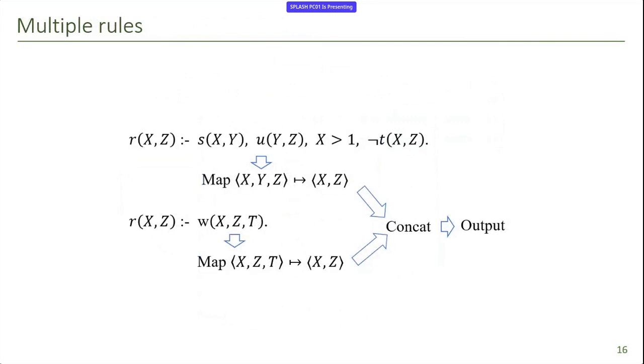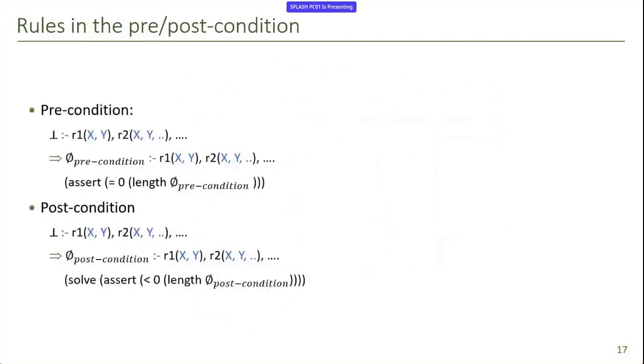And in case relation R is defined by several rules, we just need to gather all the results from each rule by using concatenation, and then we get the output of the Datalog program. And finally, for the rules of the precondition and postcondition, we just need one more step.